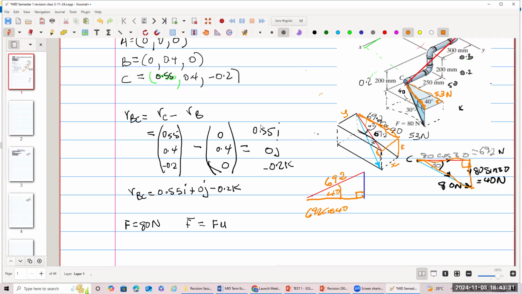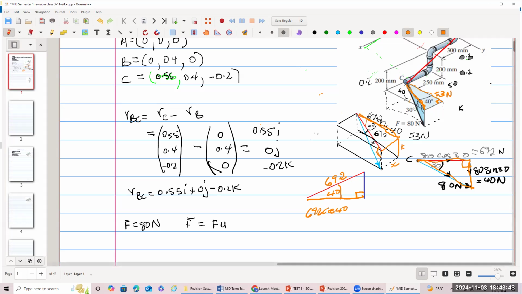I think there's something wrong. It's labeled wrong. The Y is the other way. So this is Y. This is the Y component.